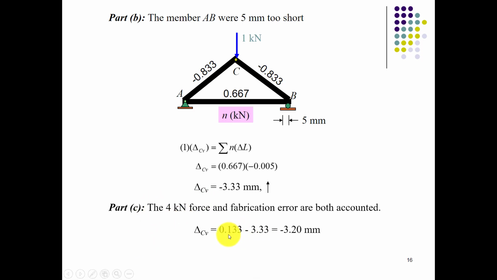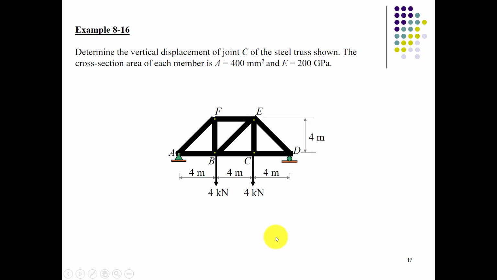The support C comes down with a value of 0.133 due to application of a 4 kilonewton force, and support C comes upward with the application of some fabrication error. So its cumulative value would be minus 3.2, which is basically in the upward direction. So we can calculate the deflection at point C for this example as well.